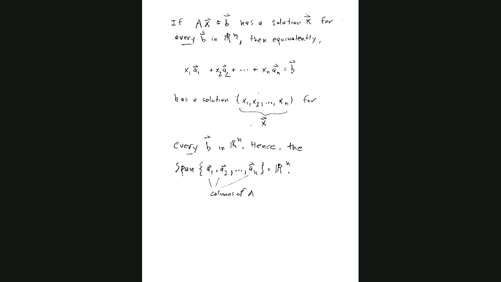This is a linear combination of the column vectors of A.